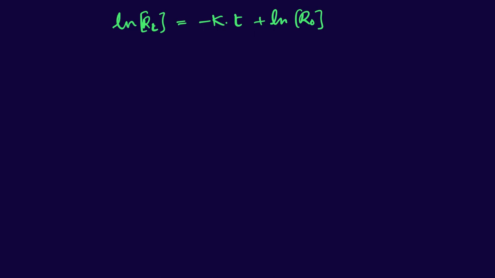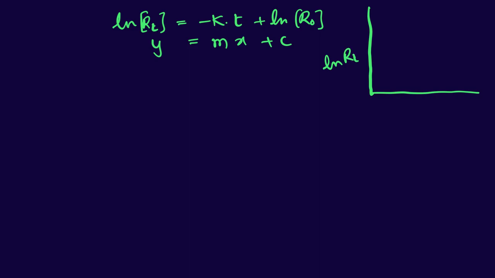Based on this, we can get one graph. Y is equal to mx plus c. Here we get one graph, with ln R at t time concentration on the y axis and time on the x axis.